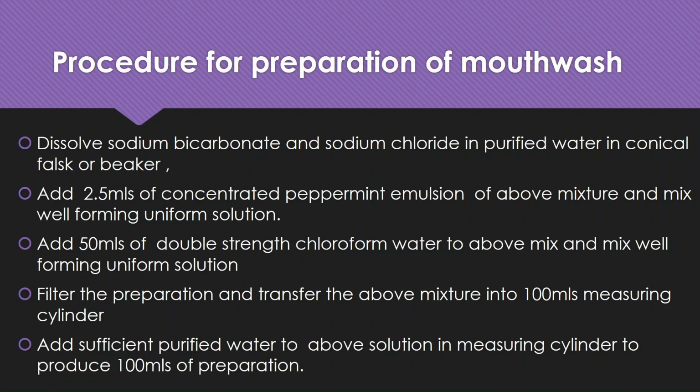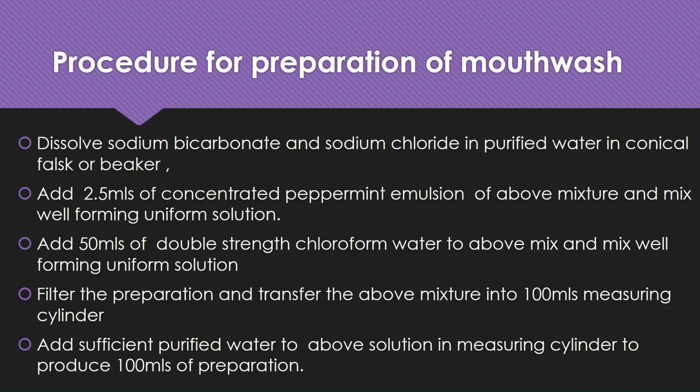So we see that what we do first is get our weighed sodium bicarbonate and transfer it to a beaker. Like I said, we can either use a beaker or a conical flask. So when we transfer it to a conical flask, we shall add a small amount of water to it, and then we are going to shake to form a uniform solution.